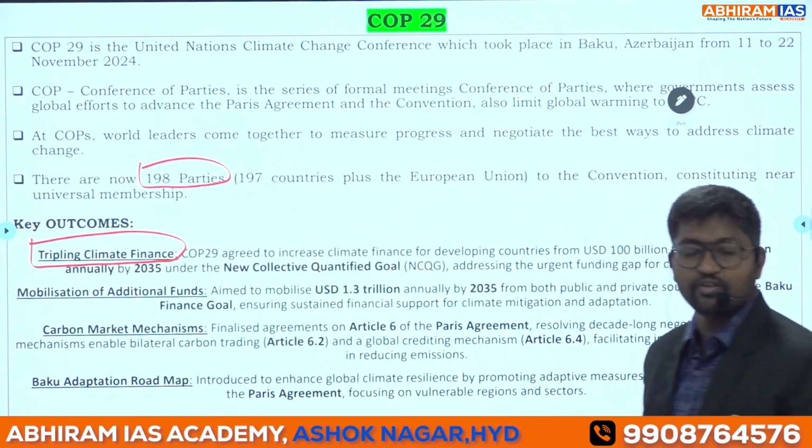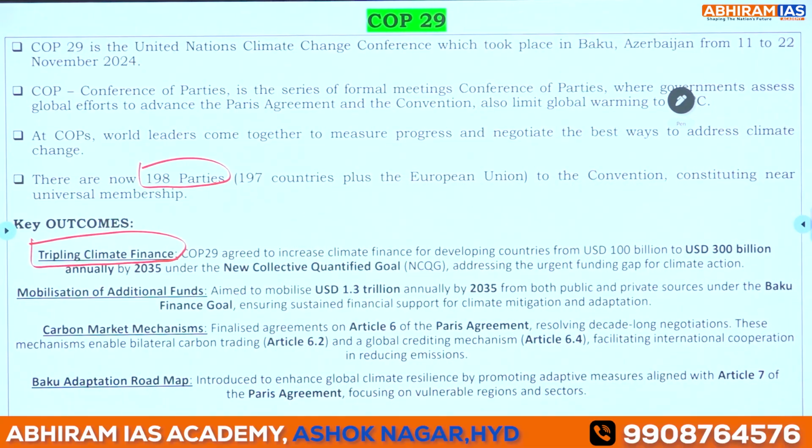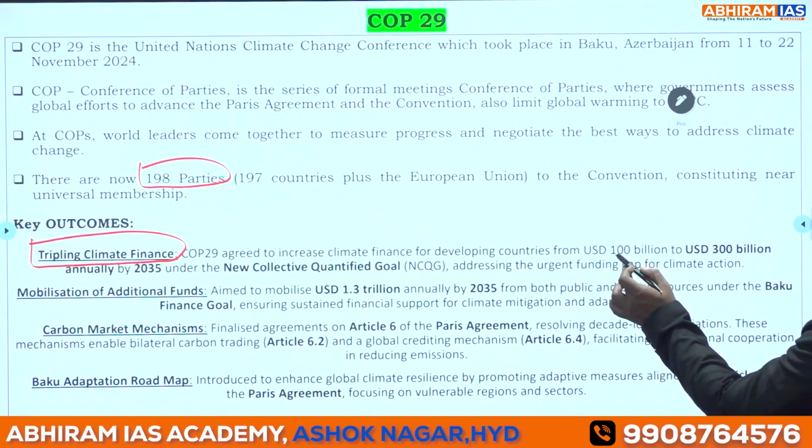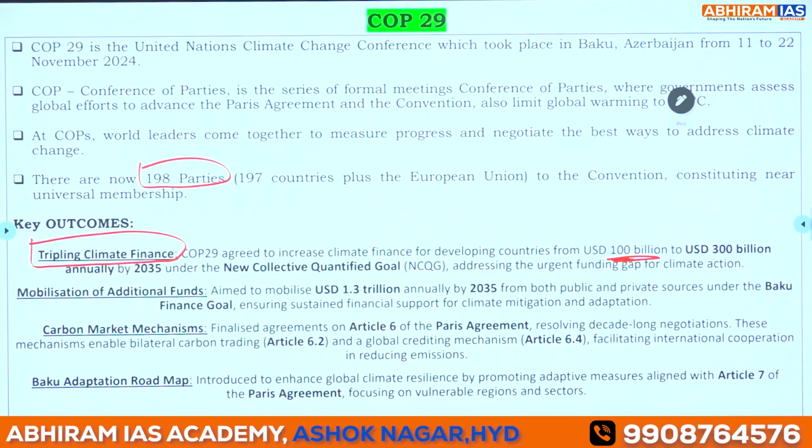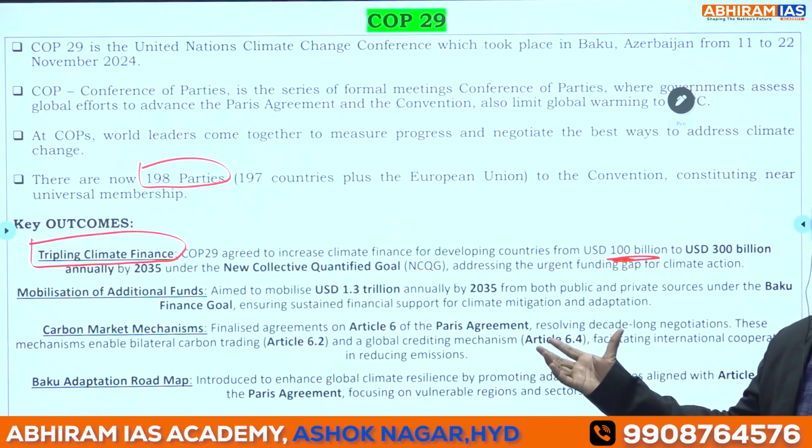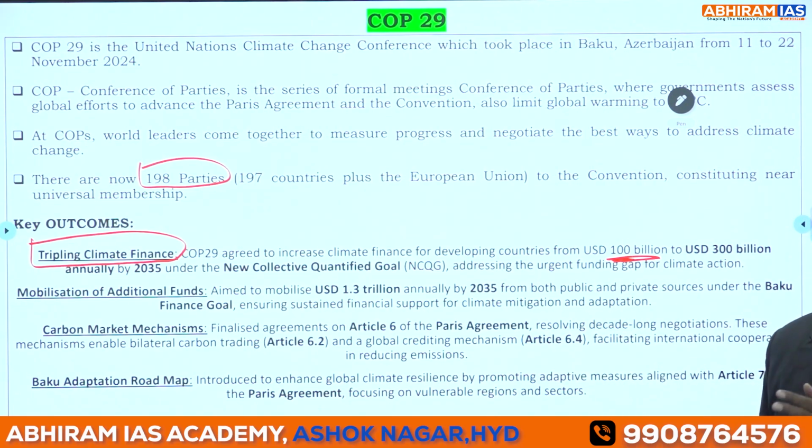Initially how much was proposed? 100 billion. Now we are increasing up to 300 billion. Even the 100 billion contribution is not yet received, and now they are dreaming of expanding it to 300 billion.